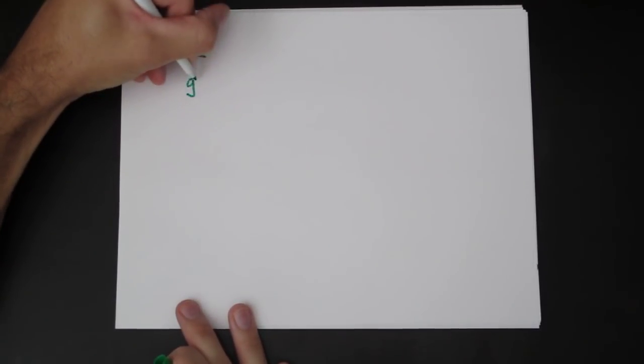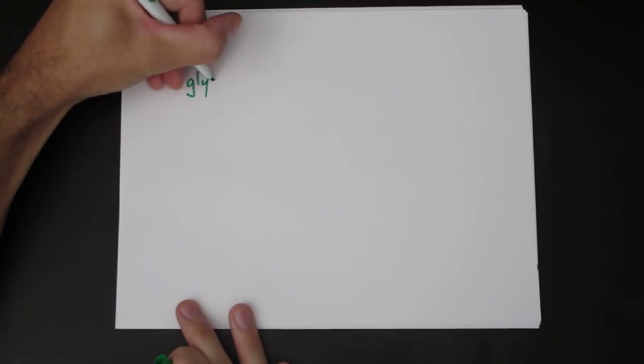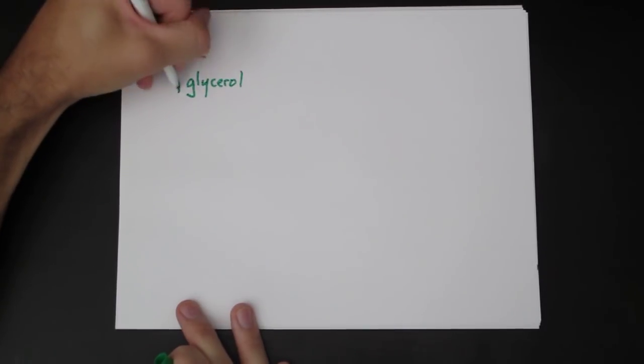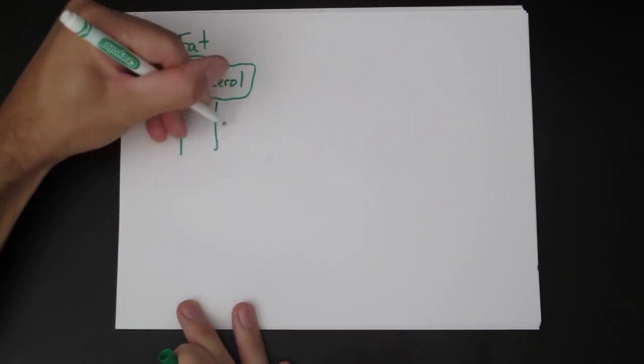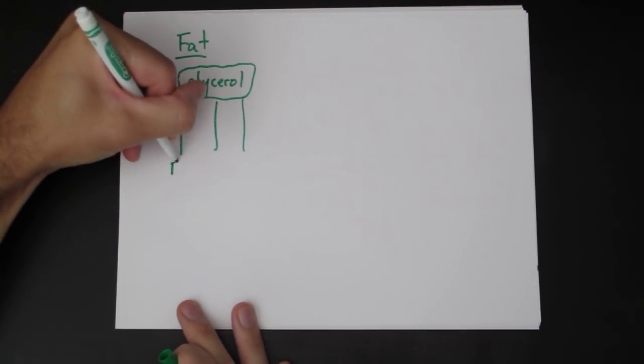All right, what about lipids, specifically fat? Now remember that our fat molecule is a triglyceride. So we have our glycerol, and we have one, two, three fatty acid chains.